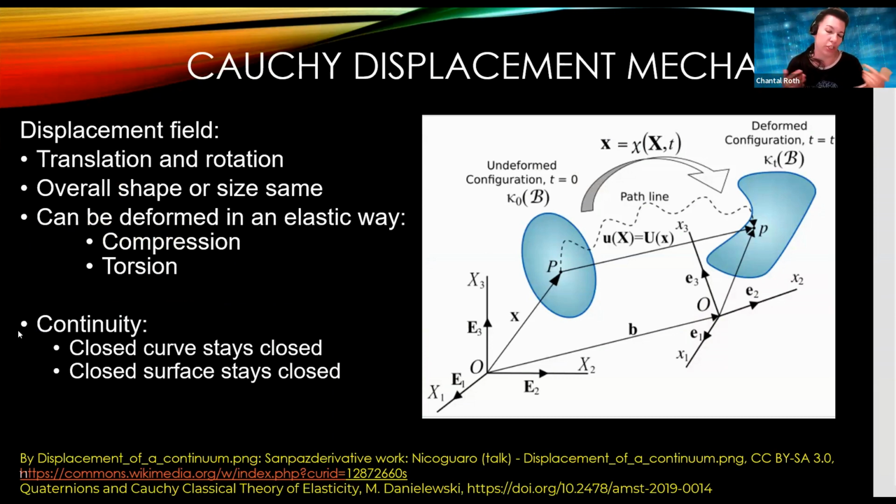And there are certain conditions. For instance, closed curves stay closed, so you can't break it apart, right? The universe doesn't break apart. It's basically continuous deformation. And these are some conditions that are the basis for the equation of motion.